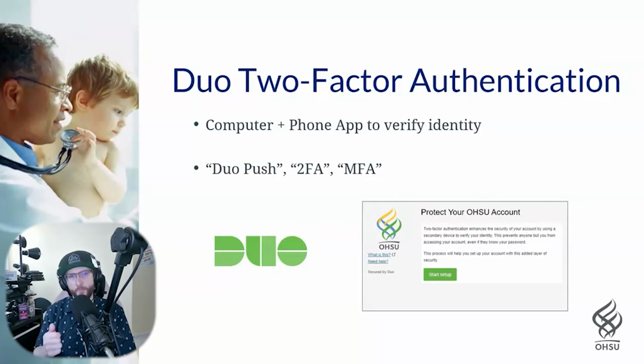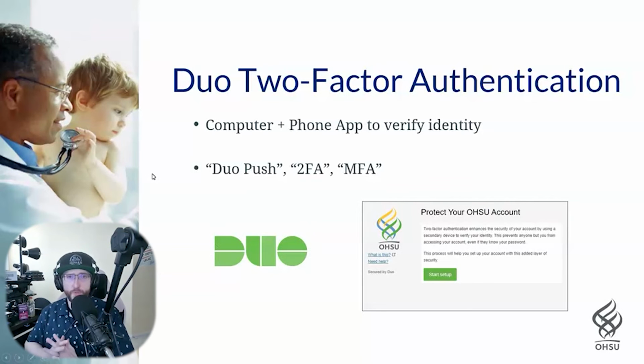And it will automatically prompt you when that system detects that you're trying to log into a system. So you may hear this referred to as a Duo push or 2FA or MFA. All of these are synonymous for two-factor authentication. And that just means that your computer is the first factor, your phone is the second factor, and those two give you authorization to get into that system.